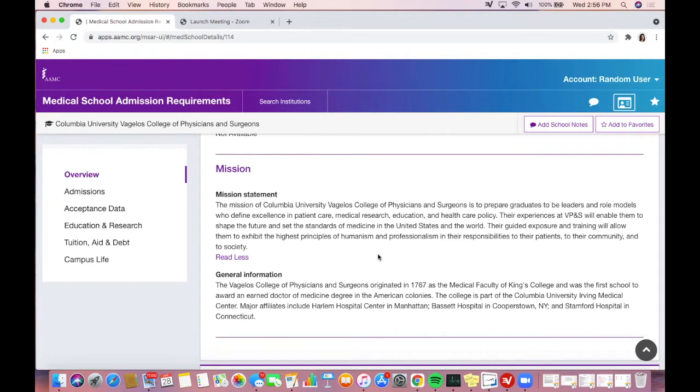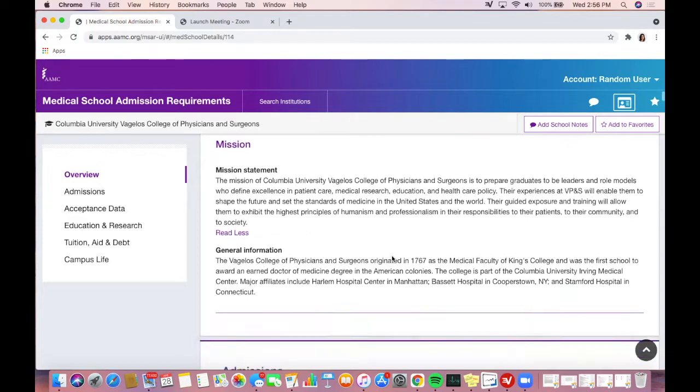And in those secondary essays, you want to make sure that who you are, what you write about, is really aligned with the school's mission. So, this is a great way to have access to a resource where all of the mission statements are listed for every medical school you might be interested in.